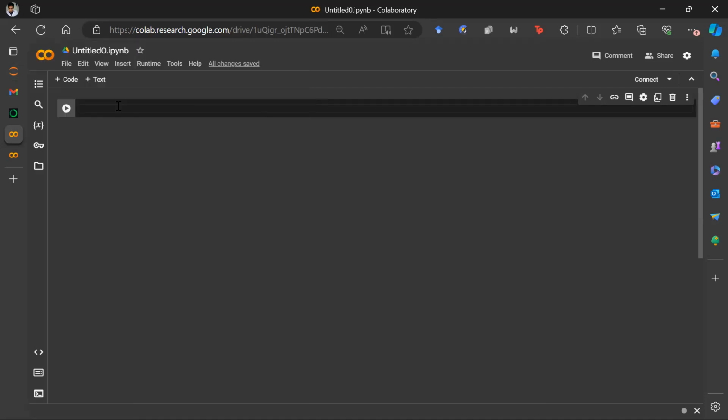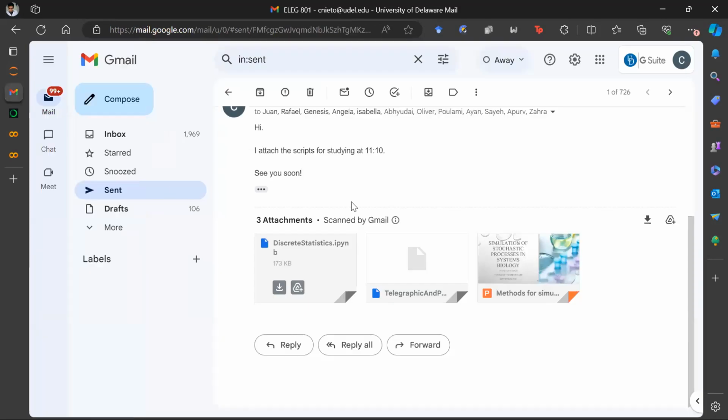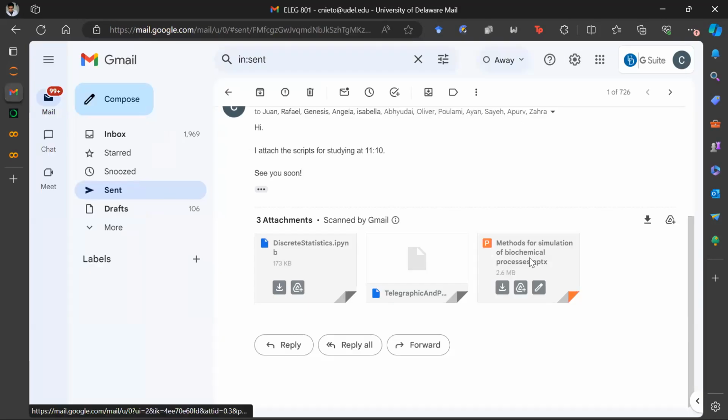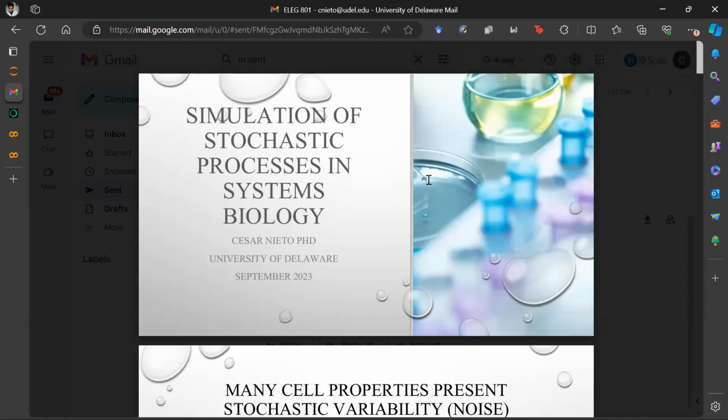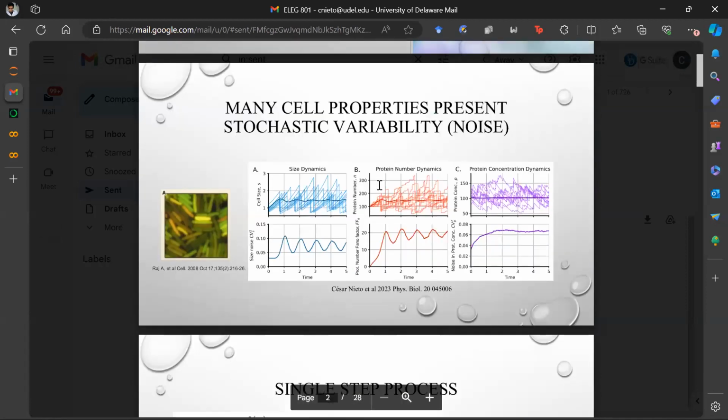I think in Colab you're going to have the same or a similar experience as in Jupyter. So today, we're going to talk about the basic ways to simulate stochastic processes in systems biology.